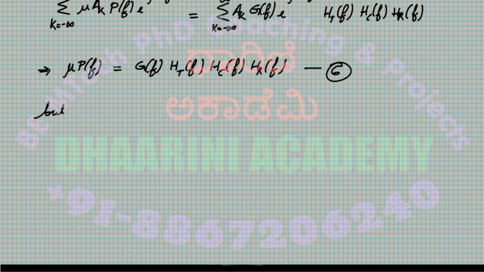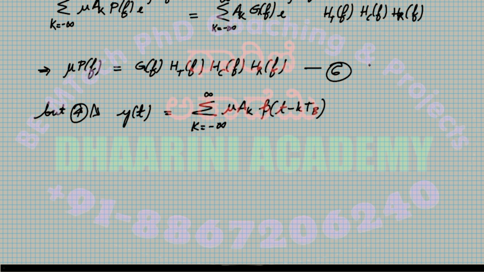But from equation 4, I can write this inverse Fourier, that is y of t is equal to, let me write the same equation, k is equal to minus infinity to plus infinity, mu times ak into P of t minus k times Tb. This is what you get when you take the inverse of equation number 6. Anyway, that's what I'm going to hold now.